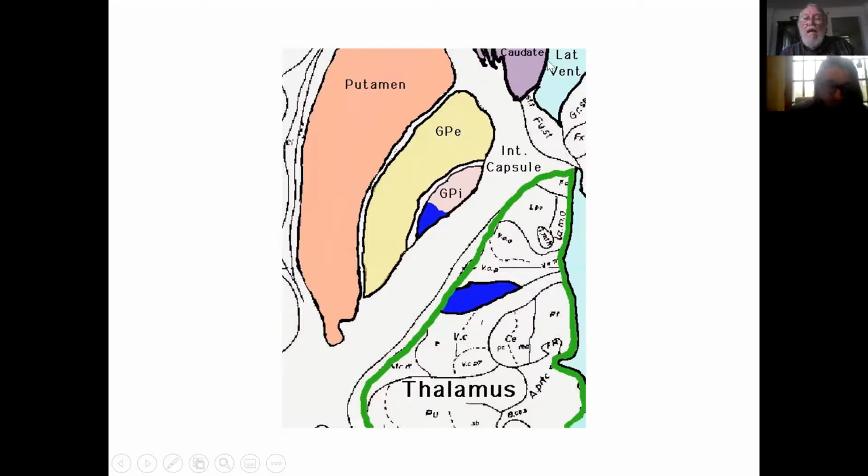So whereas the caudate can be found on the medial edge of the internal capsule, the lenticular nuclei, otherwise known as the putamen and globus pallidus, are found on the lateral edge of the internal capsule. And of course, what is the internal capsule up here where we're looking?